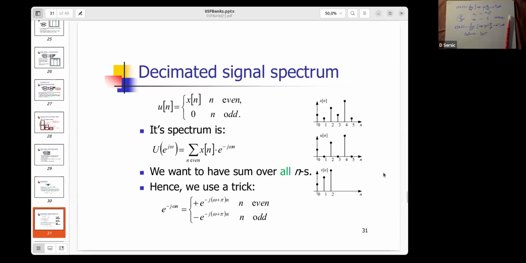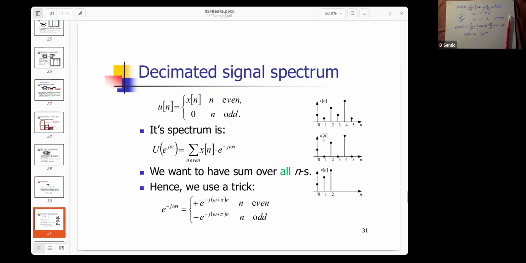The first one shows the signal itself, some example of a signal. Our helper signal U is in the second row, which means that odd samples are put to 0. And finally, decimation means that only the even ones live. So only the even ones survived. We just throw away the odd ones.